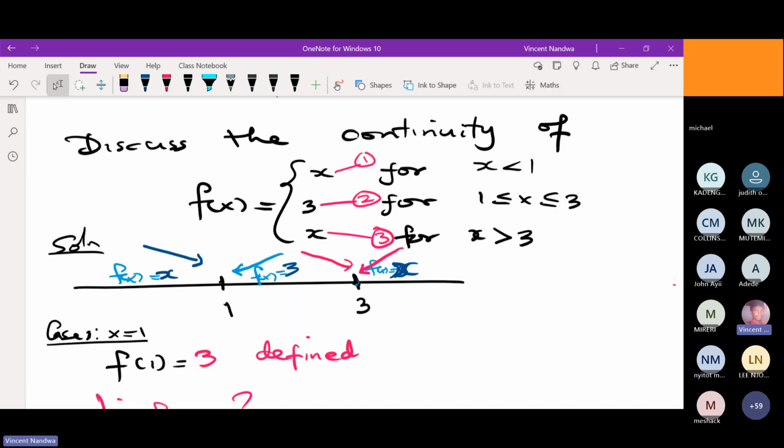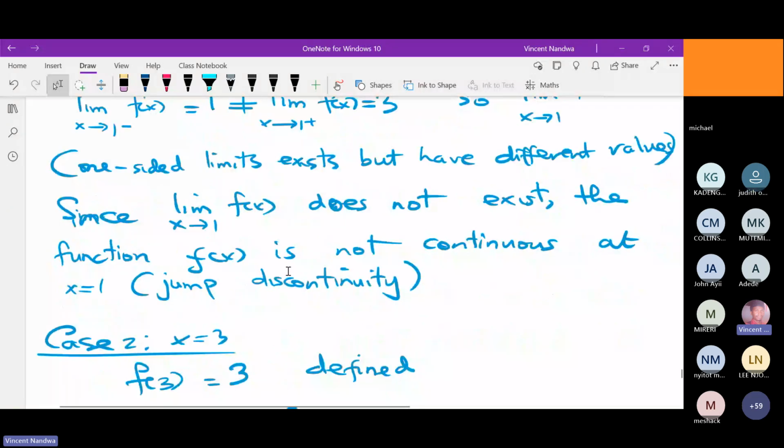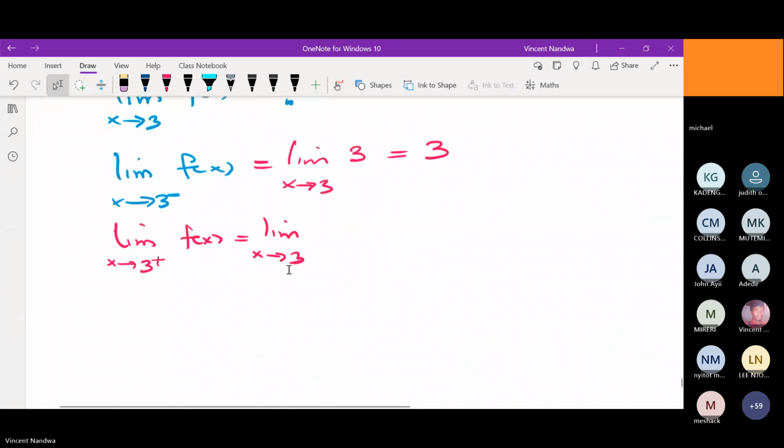The third one, f of x equals x. So as x approaches 3, f of x equals to x becomes 3.